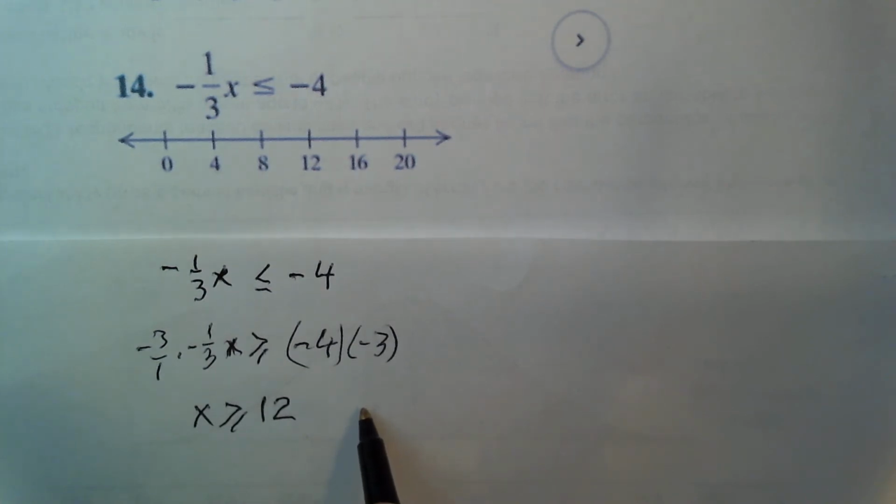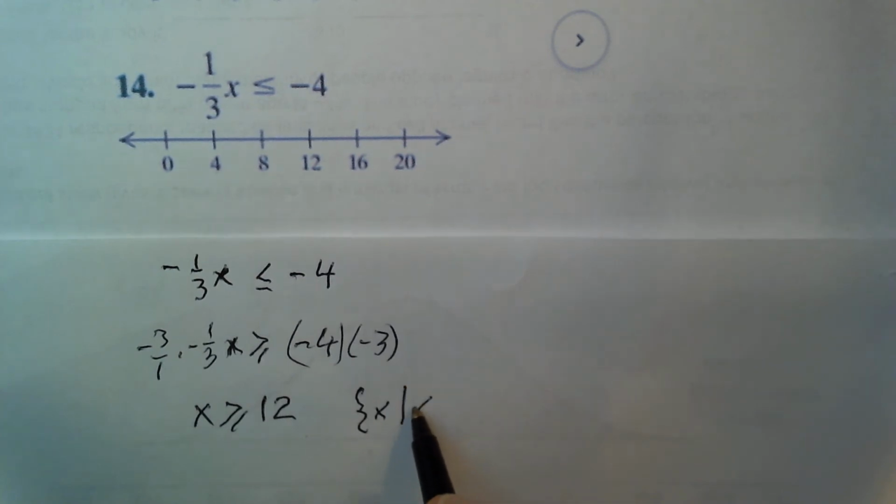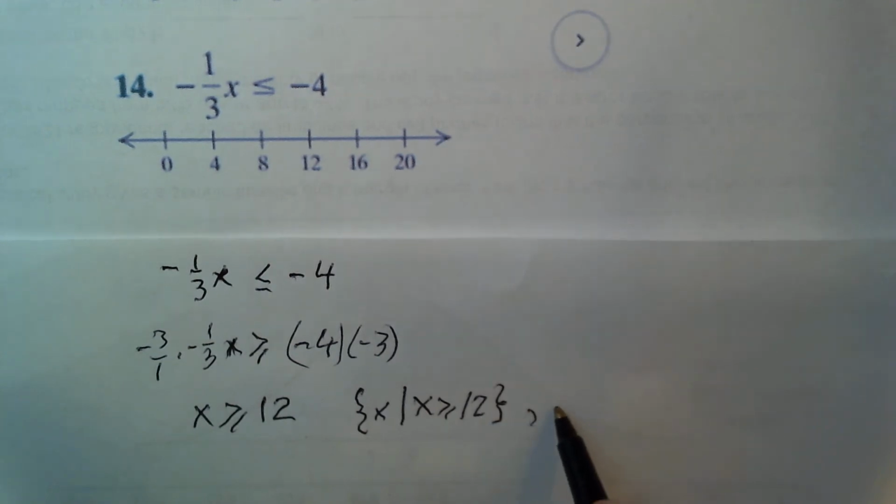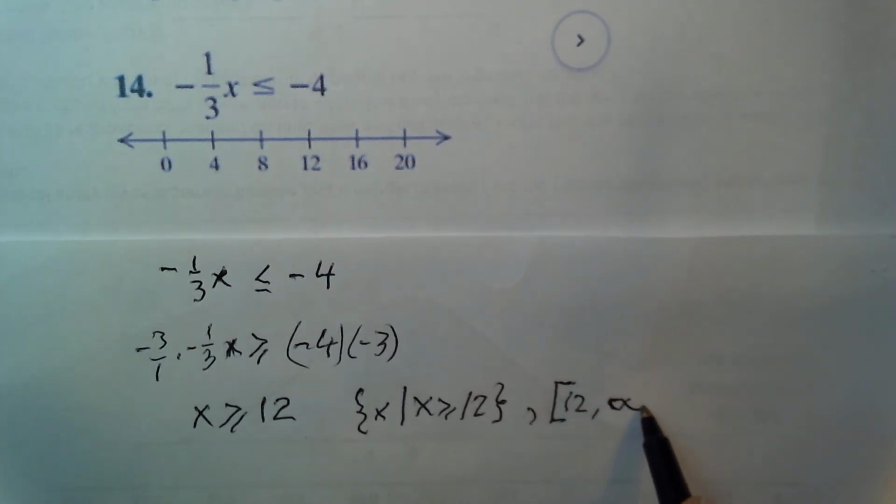And then in set notation, there would be the set of all x such that x is greater than or equal to 12. And in interval notation, there would be from 12 to positive infinity. And remember, that gets a parenthesis.